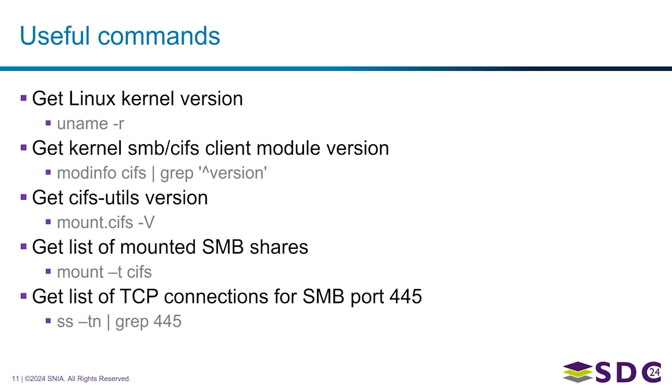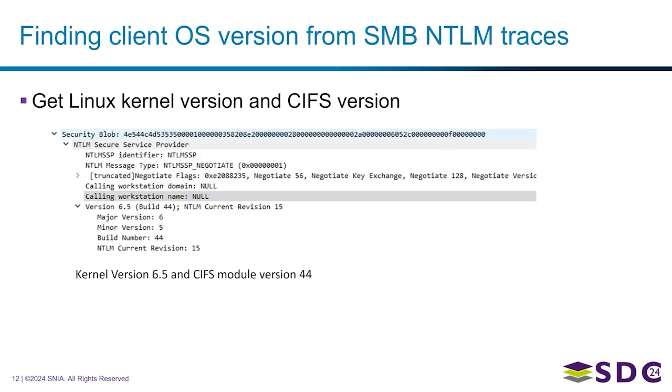The last one gives the list of TCP connections from source to destination that are using port 445. Basically, these are the SMB connections. And in recent kernels, we've also added a mechanism to pass the Linux kernel version and cifs client version to the server.